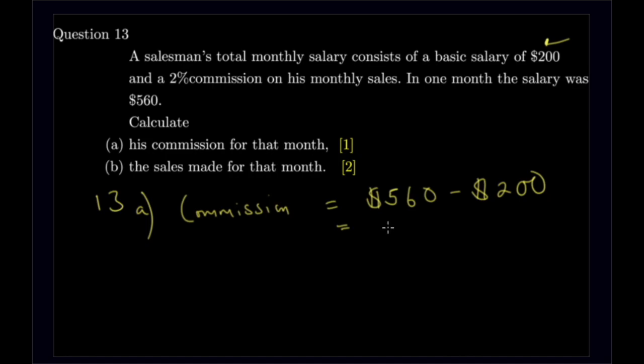So you actually get 360. So the salesman made $360 from the commission. Again, 200 is the basic salary, what he would have gotten otherwise if he had not made even a single sale, and he made an extra 360. So altogether we would have 560.